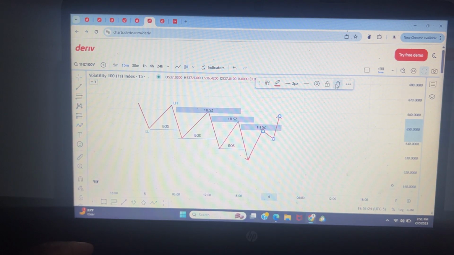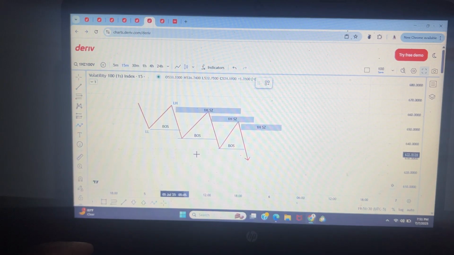I'm gonna explain it better then. So we go up on the 15-minute time frame, right? If we pull back on the 15-minute time frame, price goes up and makes higher highs and higher lows.